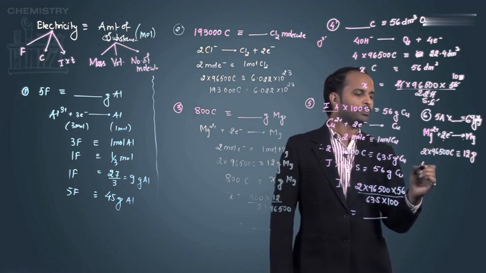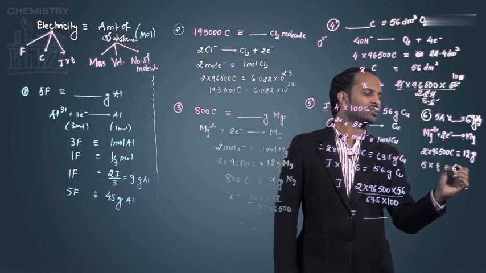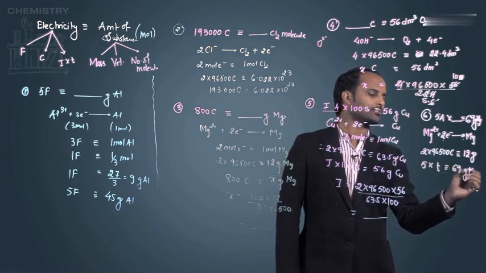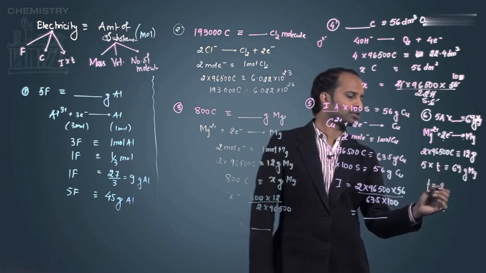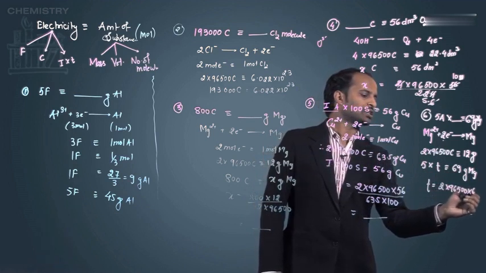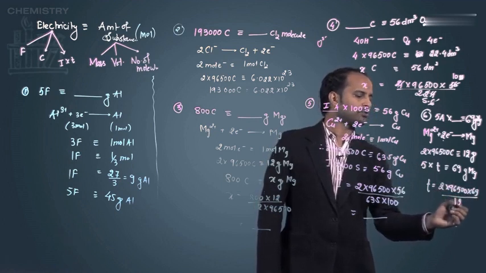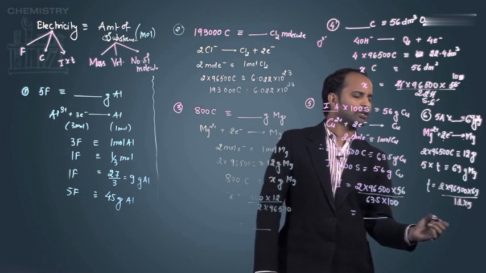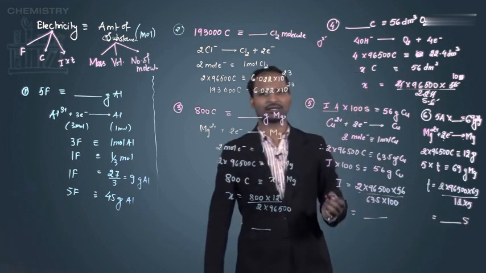So 5 ampere into some time is equivalent to 69 grams of magnesium. To get the t value, cross multiply: 2 into 96,500 into 69 upon 12 into 5. After solving, you will get the time in seconds. The time will always be in seconds.